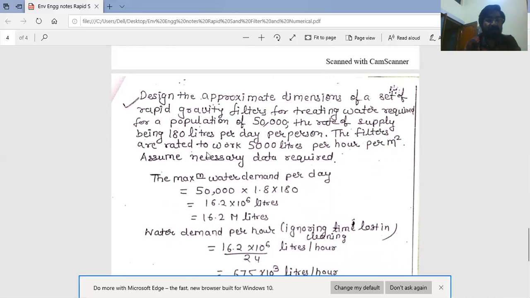Maximum water demand is 1.8 times the annual average daily demand. So for 50,000 population into 1.8 into 180 liter per day per person, it is equal to 16.2 into 10 to the power 6 liter, means 16.2 million liters.